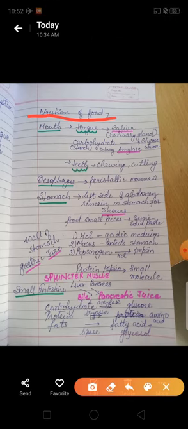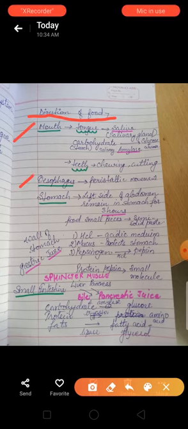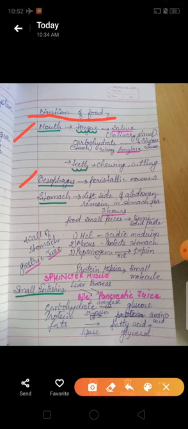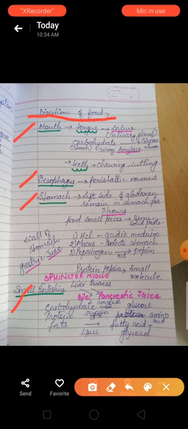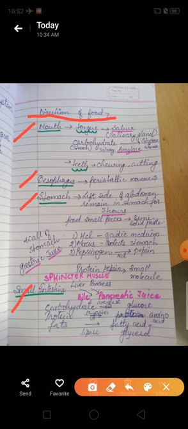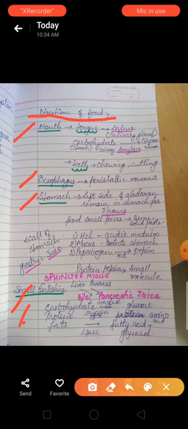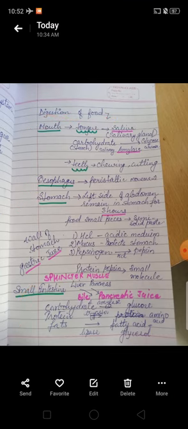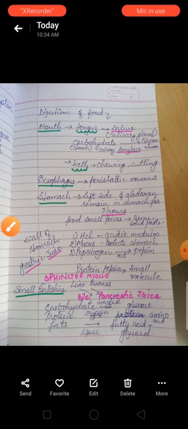I have just shown the pathway: from the mouth, it will go to the esophagus, from the esophagus to the stomach, and from the stomach the food will travel to the small intestine. So these are the four areas where the food will travel, and as I told you, the small intestine is the last point where complete digestion of food takes place. Now one by one we will study this.